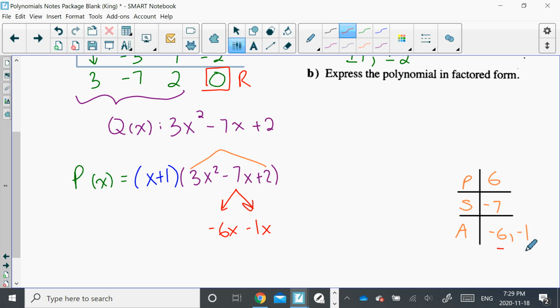That will give you -7x. Bring down your +2 and bring down your 3x squared. Whenever you have a PSA2 or decomposition question, you will always get 4 terms. You take those 4 terms, split them in half, and group factor. So ask yourself what comes out of a 3x squared and a 6x, and that would be a 3x.